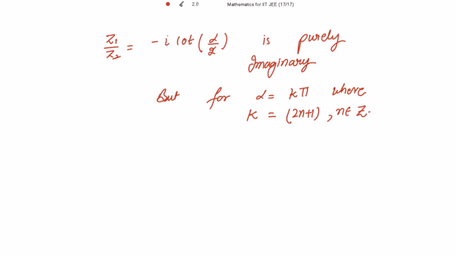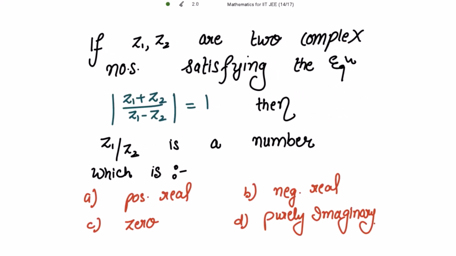That is only the multiples of pi by 2, right? So for this solution, this z1 over z2 is 0, right? So option C is also correct and option D is also correct. Thank you.